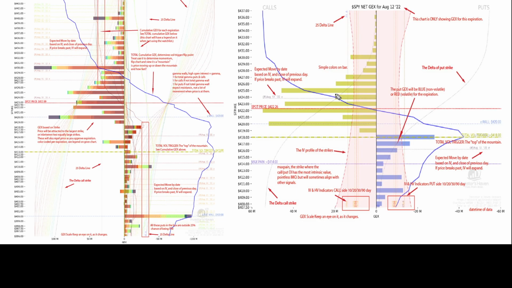This means that all these big gamma levels have to be covered or hedged on the same day. This money here loses or gains in an exponential movement.